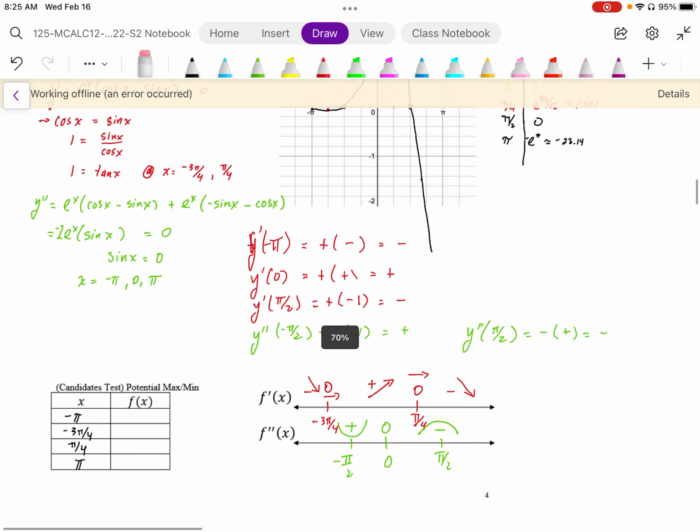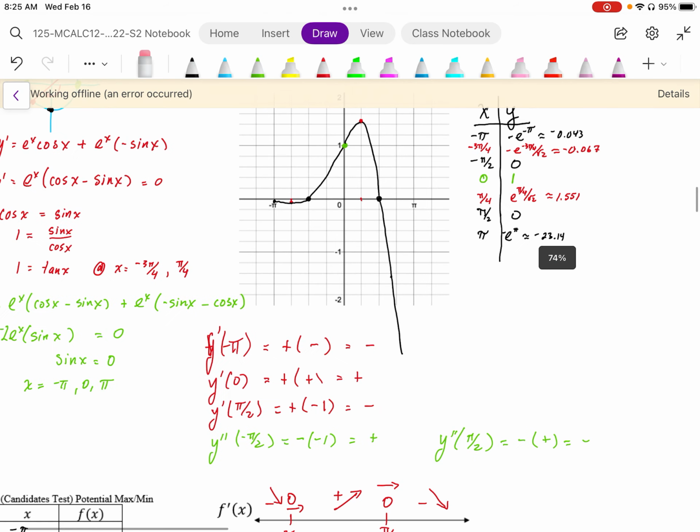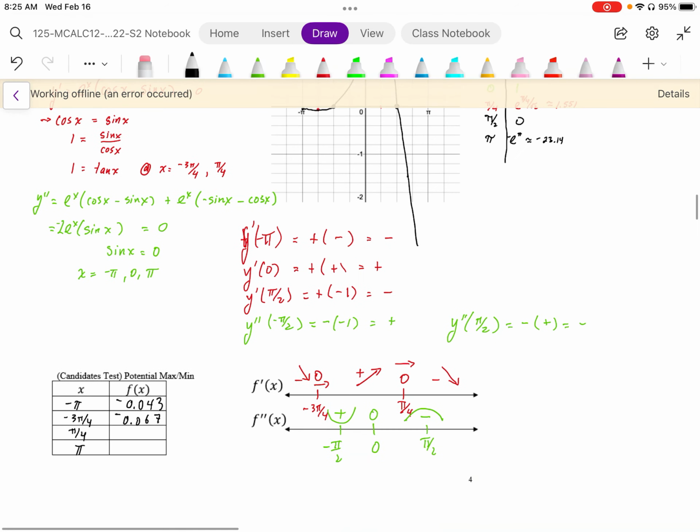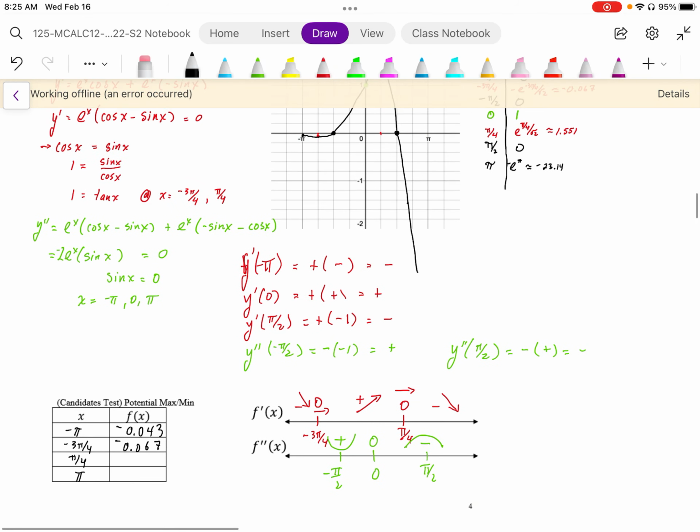Looking at our candidates list, I've made a list here, putting in our values: negative 0.043, negative 0.067. We know that's a local min. At pi over 4, we have 1.551, and we have negative 23.14.